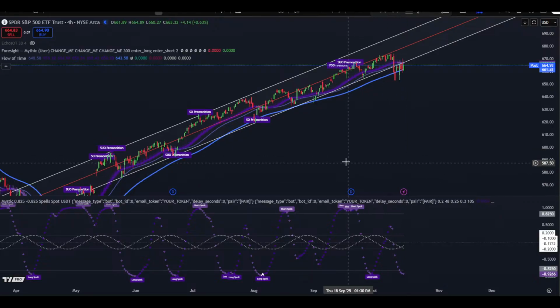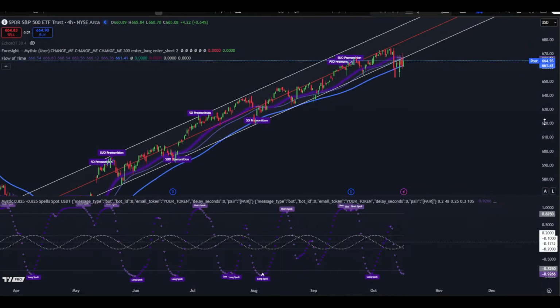And one of the things I found to be really, really interesting here, which I think is another sign of the real power of our indicator, just strictly speaking about the flow of time and being a trend, is that you can see the S&P 500 has been in this up channel for a very long time, back since April, May. And it stayed really close. Now you can see the bottoms here is where we've ultimately bottomed out, but the trend has held this thing intact pretty much the whole way.